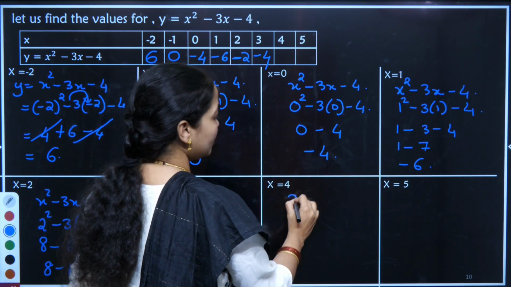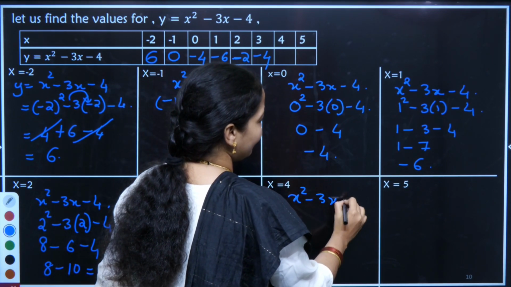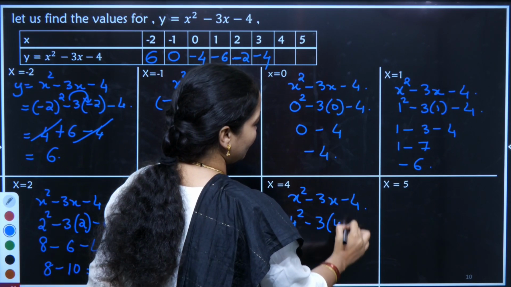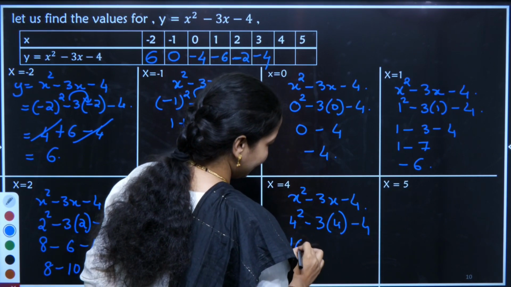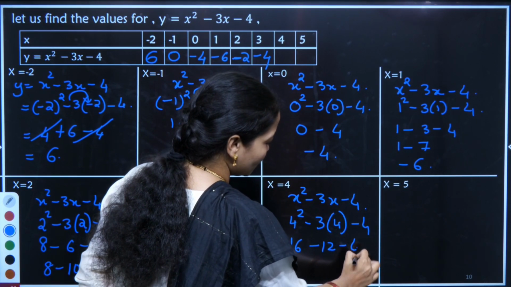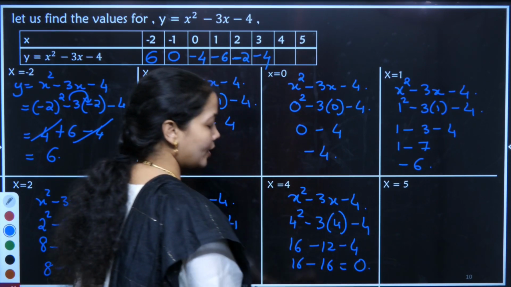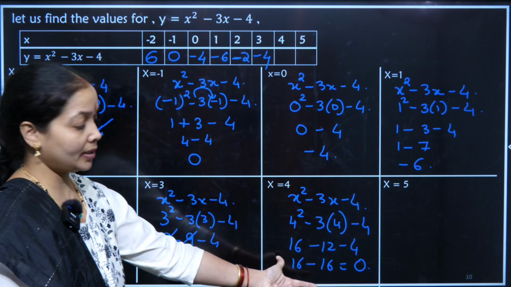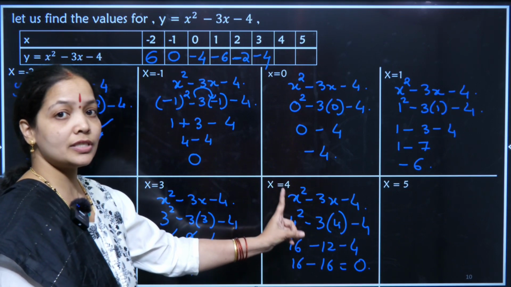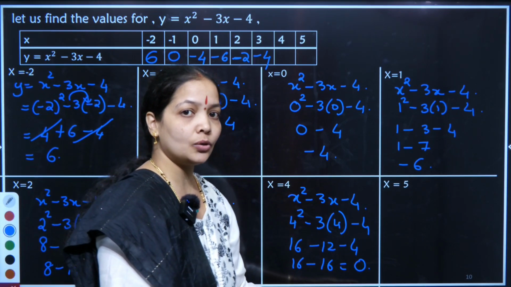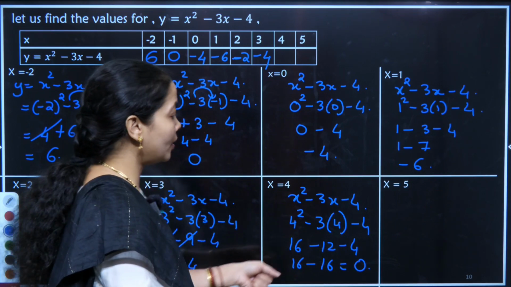When x is 4, let us check what is happening now. 4 square minus 3 into 4 minus 4, 16 minus 12 minus 4. This is giving me 16 minus 16. See here, I got the second 0 of the polynomial. Whenever any value is substituted at any point of time and the answer is turning 0, I say it is a 0 of the polynomial.